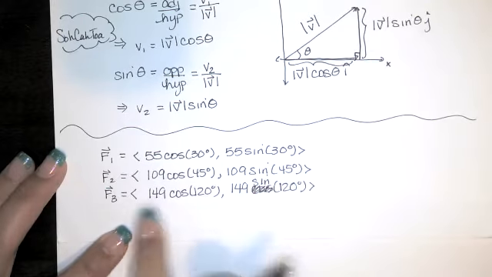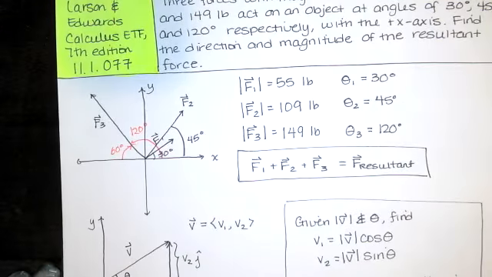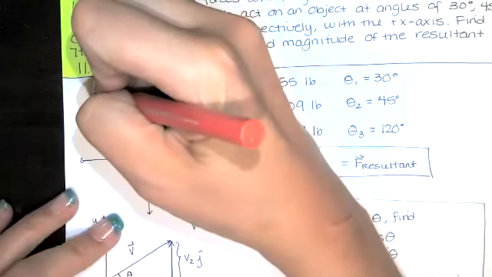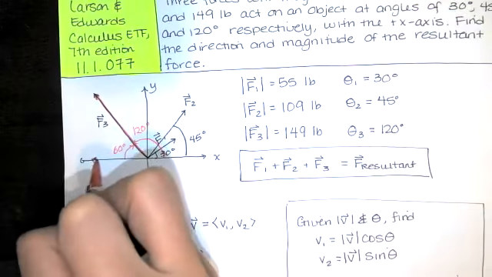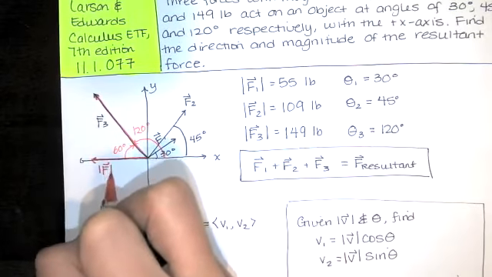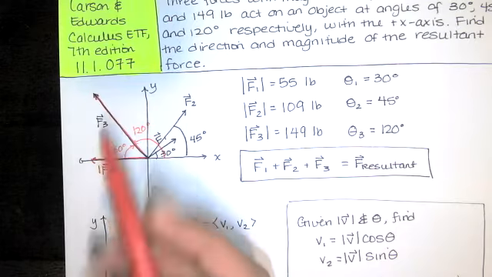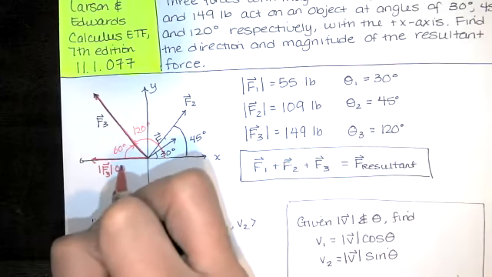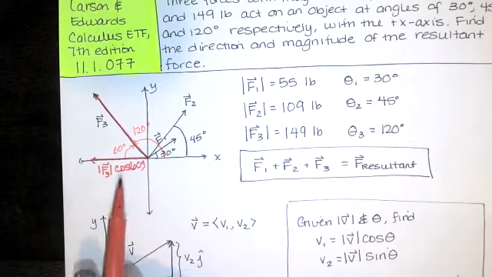Now you don't have to use this 120 if you don't want to. If you want, you can just take this force F3 and split it into two components this way. Got one component that's going in the negative x direction. That would be given by the magnitude of that force times the cosine of 60, because that's our reference angle.